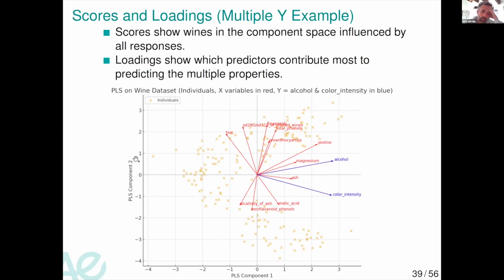And then on the second component, you could see the difference between the prediction of alcohol and the color intensity with maybe alkalinity of ash, malic acid, and non-flavonoid phenols that are positively linked to color intensity but negatively linked to alcohol. And the opposite for these variables.